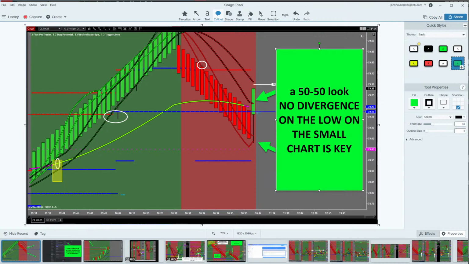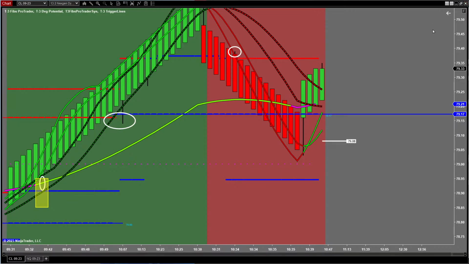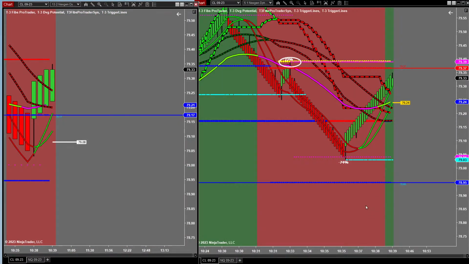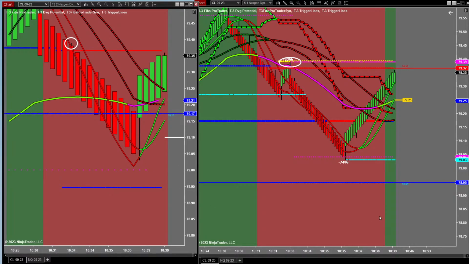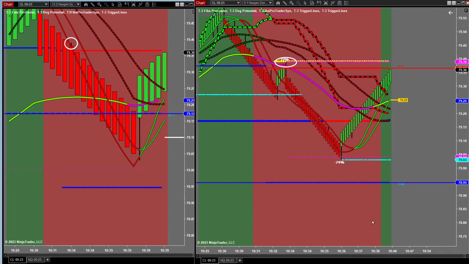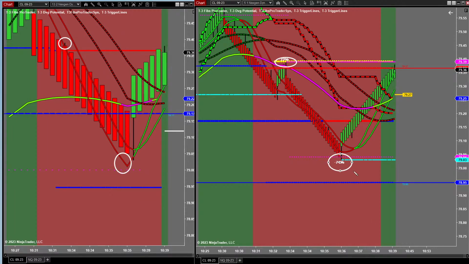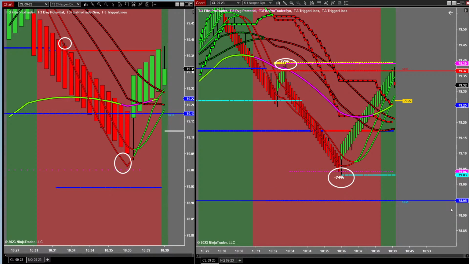So watch. Get the big chart, down triggers. I'll say yes, yes, yes. And then we go to the small chart and we ask ourselves a question. When I say, is there divergence on the small chart, this is what I'm talking about right here. What you'll end up finding as you study 50-50 looks, the ones that have divergence, it's not that they don't win sometimes.